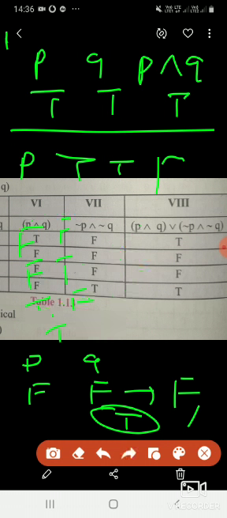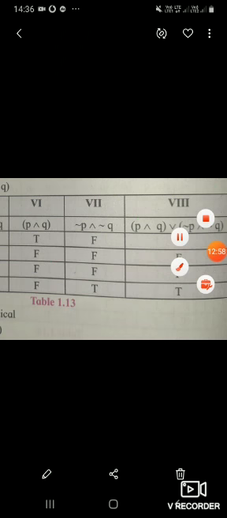Now, listen, next we have to find out the condition. The next table is OR.